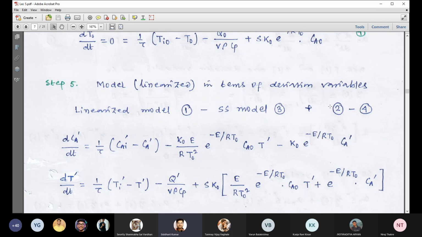So where did these CA prime terms come from? CAI prime? Yes, sir. Means these were not in the original equations. CAI is there.